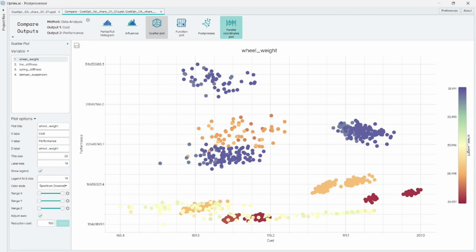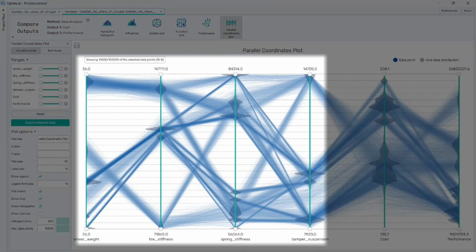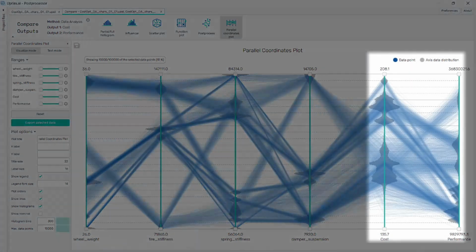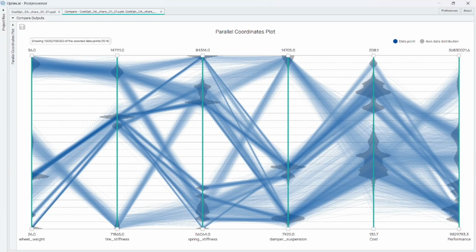For that, let's turn finally to the parallel coordinates plot. This is a very, very neat diagram which compares our inputs to our outputs in one place. Let's get started with some interaction. As we mentioned, we wanted to minimize cost and minimize the travel distance the suspension travels.